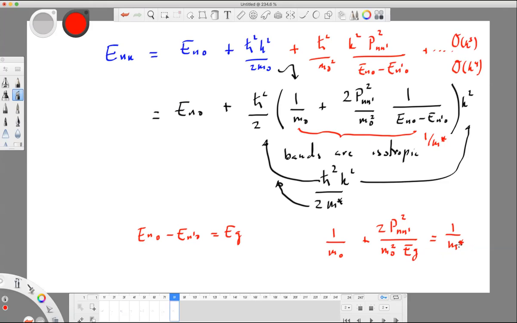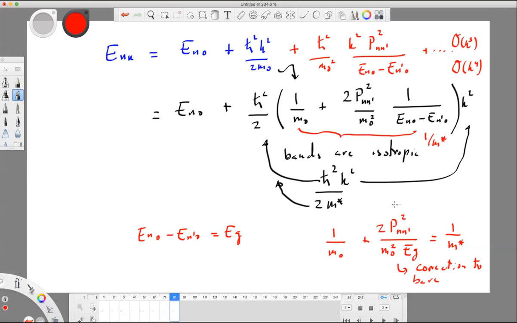So the effective mass of the carriers is going to depend on the gap of the material, and it's going to depend on these integrals here. And this is going to be a correction to the bare mass. This is a very simple and useful expression in order to see what's going to happen.